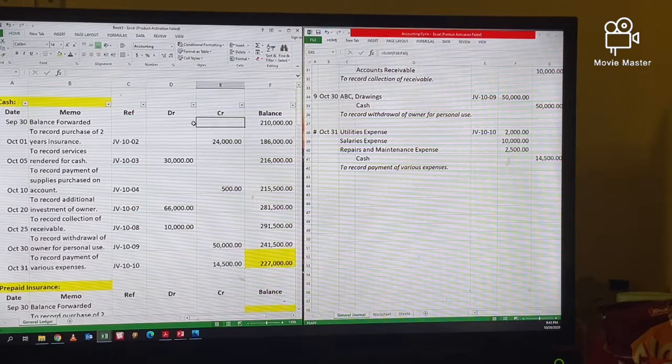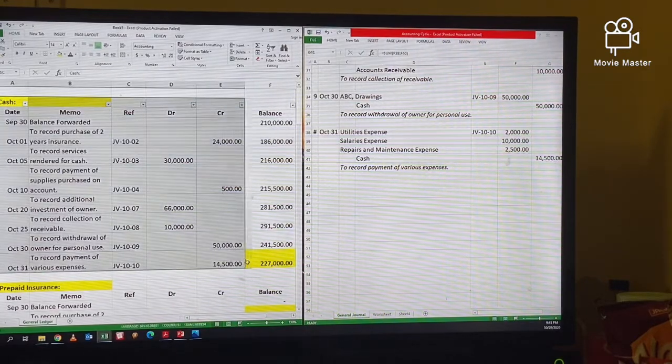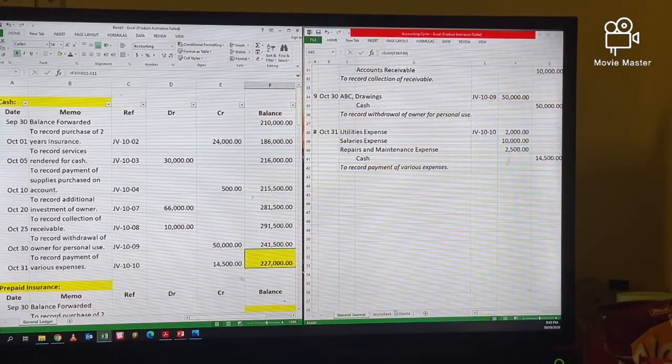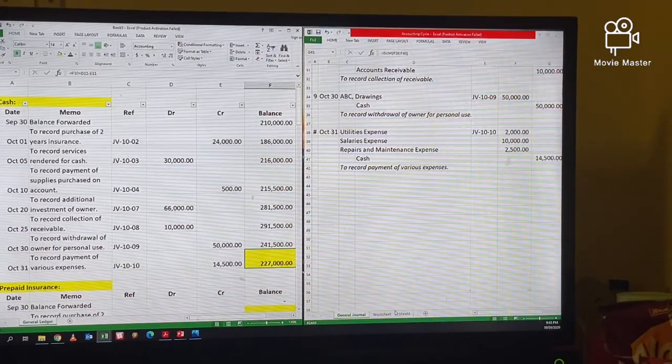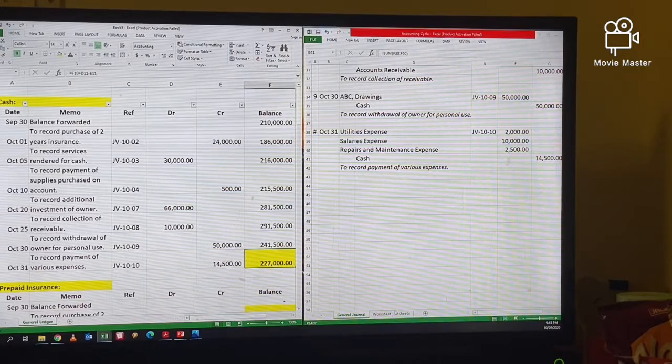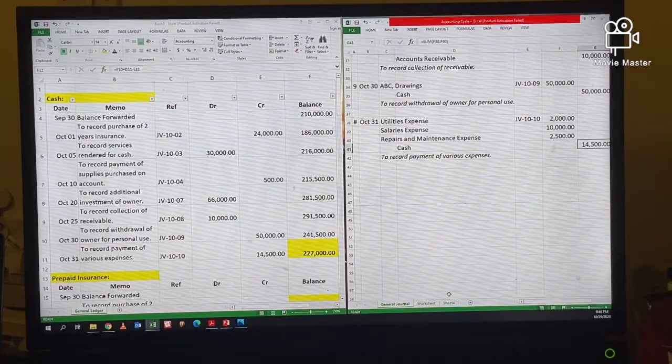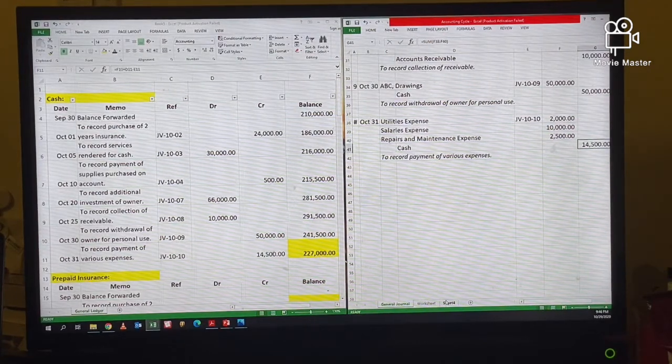Now, there's another presentation of a general ledger. We call that the T account. I will show you how to prepare a general ledger in T account format. I have prepared it in advance, and I will just discuss it with you.